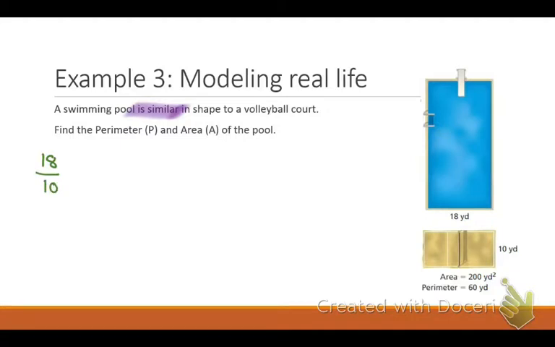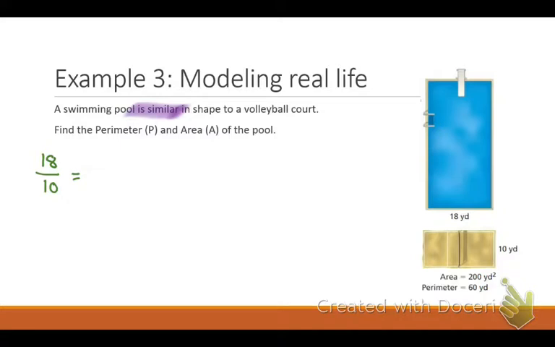Now, because this is perimeter, do I need to square these? No. So, does everybody agree that 18 was the pool dimension? Yes. And 10 is the tennis court. So this is pool over tennis court equals pool perimeter over tennis court perimeter. Do I know the pool perimeter?